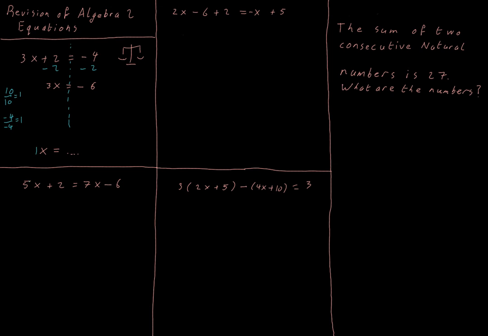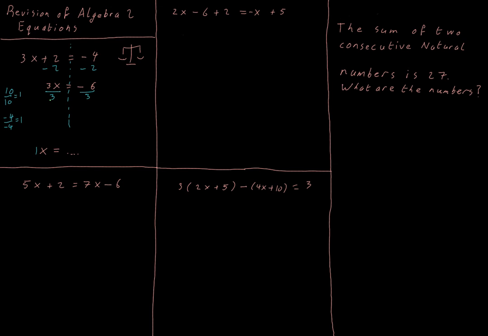So if I want to end up with 1x and I have 3x, something I could do would be divide by 3, divide by the coefficient, the number in front of my x. And 3 divided by 3 will give me 1. But again, if I've divided the left-hand side by 3, what must I do to the right-hand side? I must divide it by 3 as well.